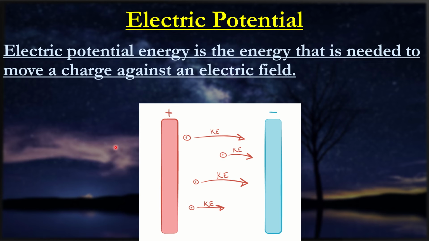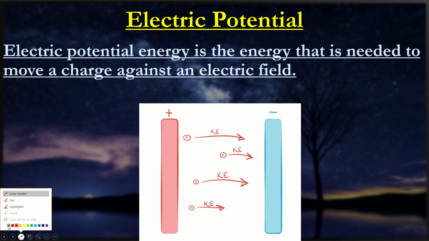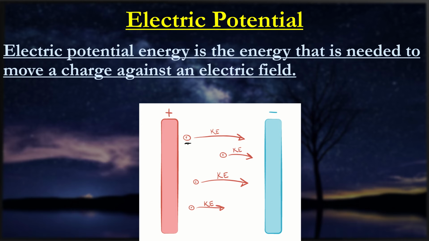Okay, so what we define in physics as electric potential energy is the energy that's needed to move a charge against an electric field. Essentially what that means is if we have a positive charge here, it's saying that what energy does this particular charge have according to the movement of the electric field to then move to the negative side of the plate.